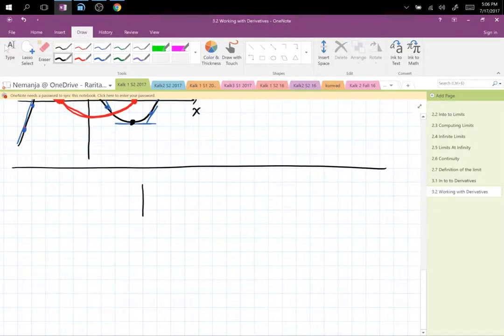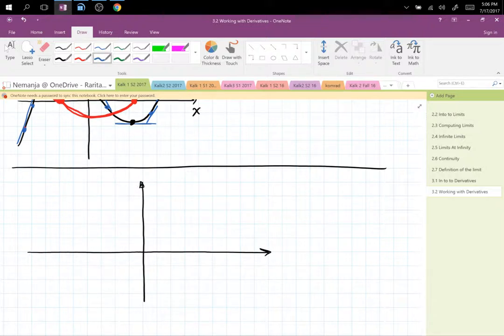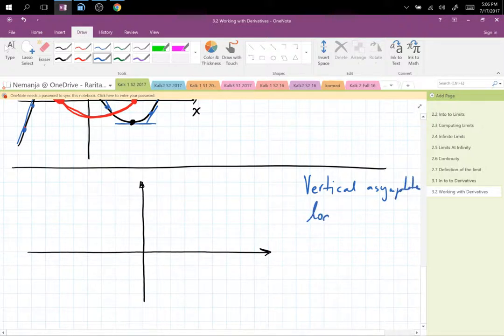So let's see. I'm going to write also this as a rule. Vertical asymptote locations are preserved.